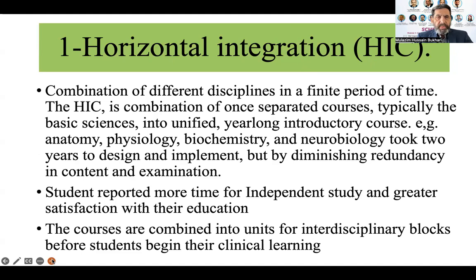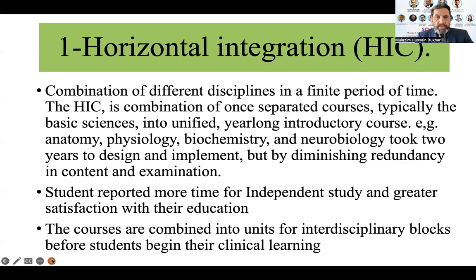The horizontal model is the combination of different disciplines in a finite period of time. Horizontal integration is the combination of separated courses, typically the basic sciences, into a unified year-long introductory course: anatomy, physiology, biochemistry, neurobiology.